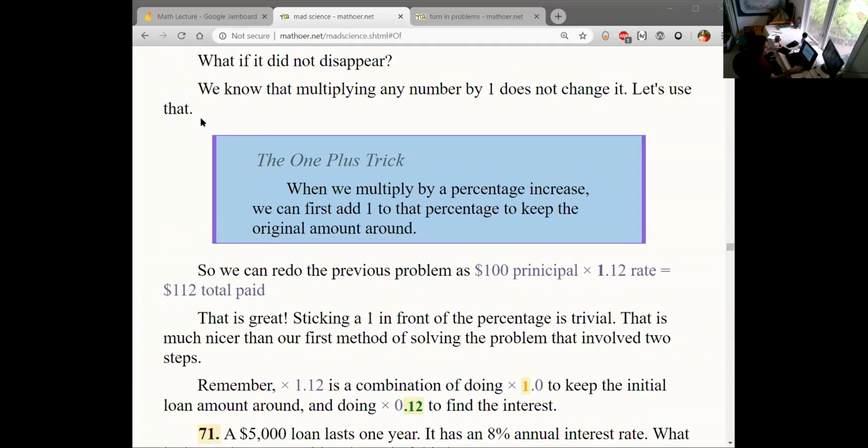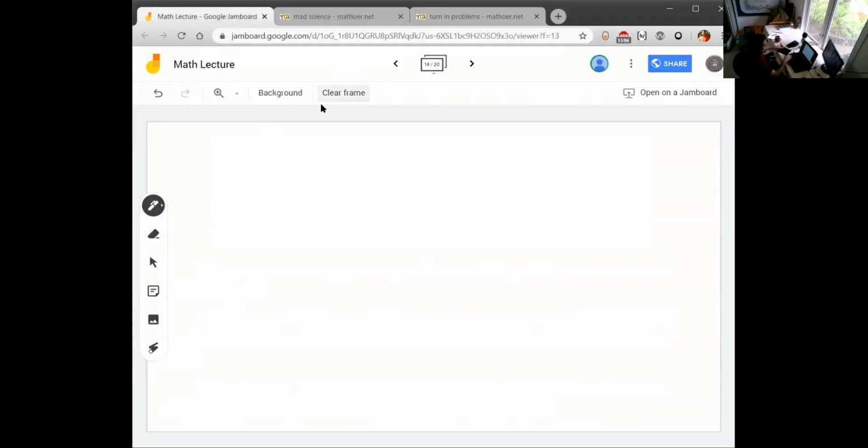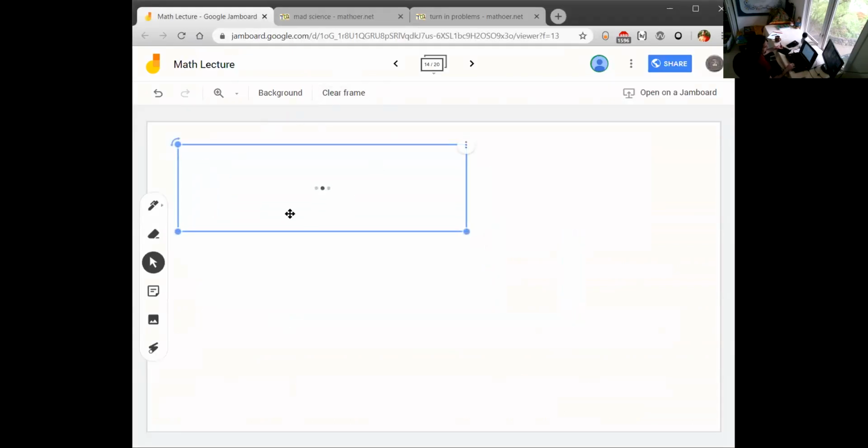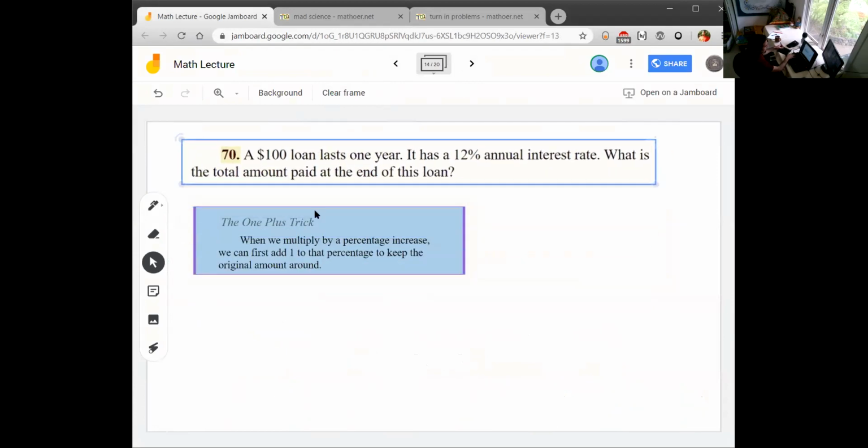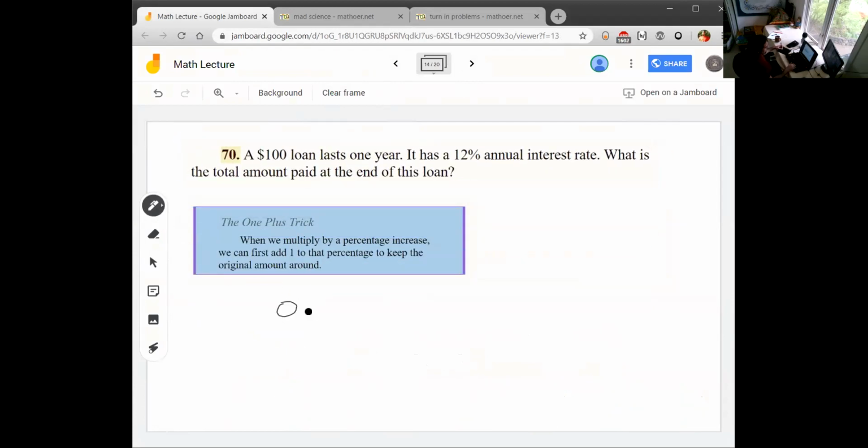So the same problem we just did, instead of doing 0.12 times 100, that was, in my picture, the 12% increase is this 12% here.